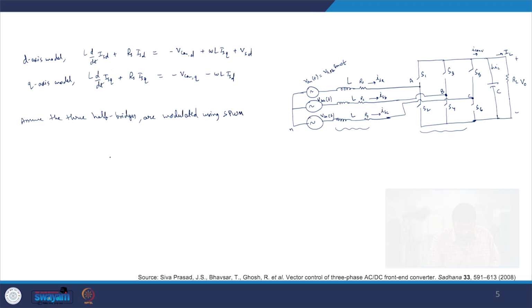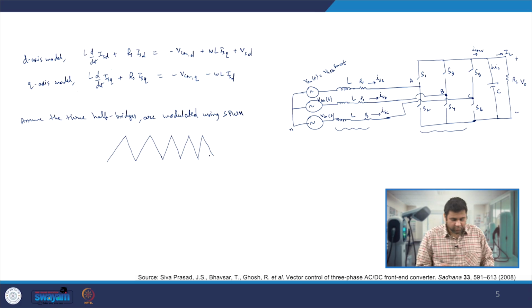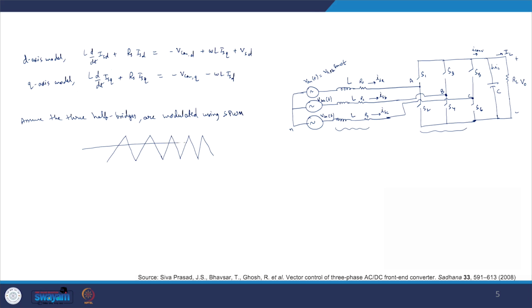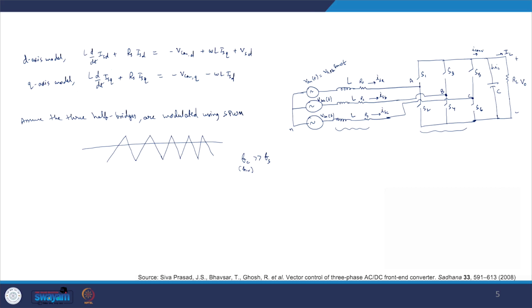So what we are doing is we are having the high frequency carrier like this, very high frequency carrier, and we have the modulating wave which looks very stationary with respect to the carrier wave, because we have assumed that our FC carrier, similar to that of FSW, is very much greater than Fs, which is the line frequency. So now let us see in this case what could have happened.